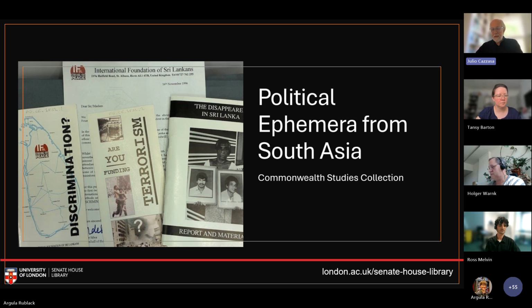Over time, it has grown to include over 10,000 items of political ephemera from across the Commonwealth. Materials were gathered mainly through direct appeals to political parties, supplemented by contributions from researchers following field visits.